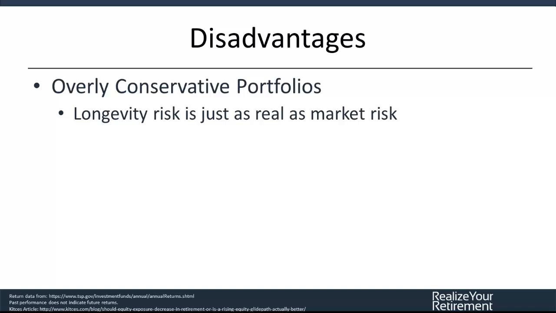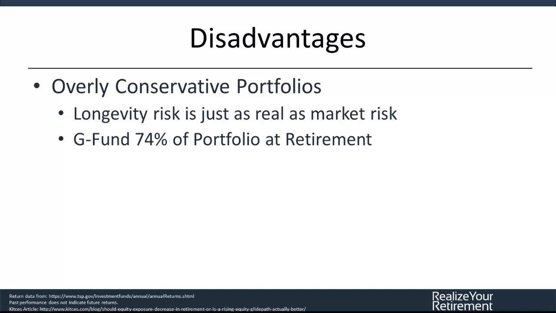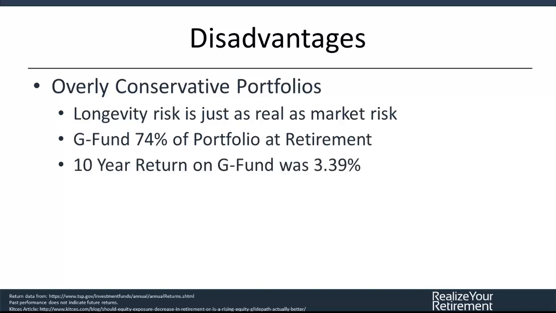Now, if we look at the allocation, specifically the G fund's allocation, it's 74% of your portfolio at the end of the glide path when you retire. The 10-year return on the G fund has been an anemic 3.39%, which is below even the conservative safe withdrawal rate of 4% of your portfolio.